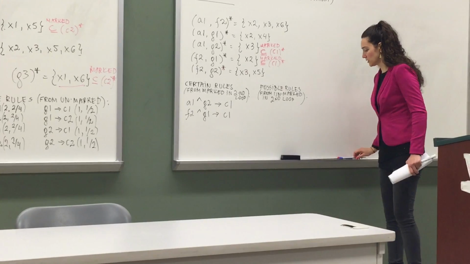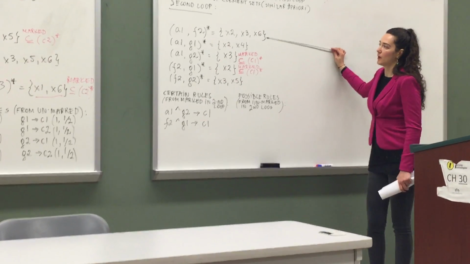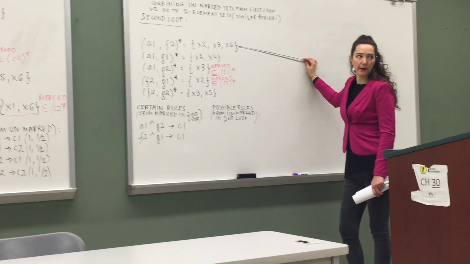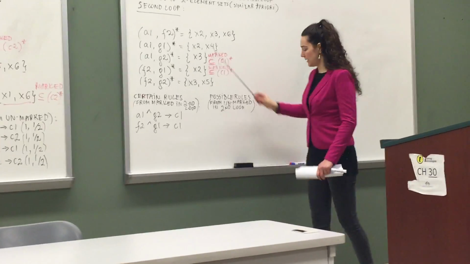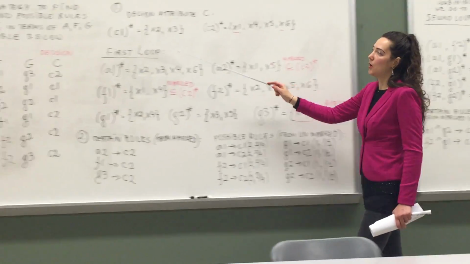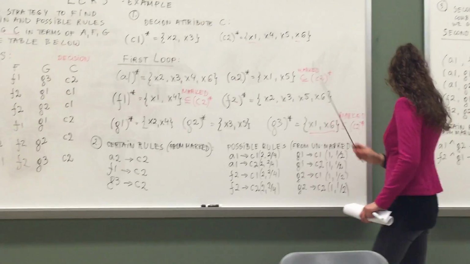The first unmarked set is this, A1, F2. So A1 and F2 implies either C1 or A1 and F2 implies C2.